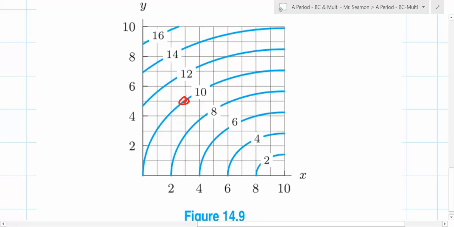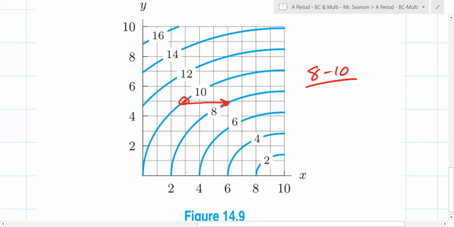Y. So you could go, I went the wrong way, didn't I? You keep y static, so maybe go from here to here. Basically it's rise over run along that line, correct? So you're going to go from 10 to 8. That's your change in the output of the function.